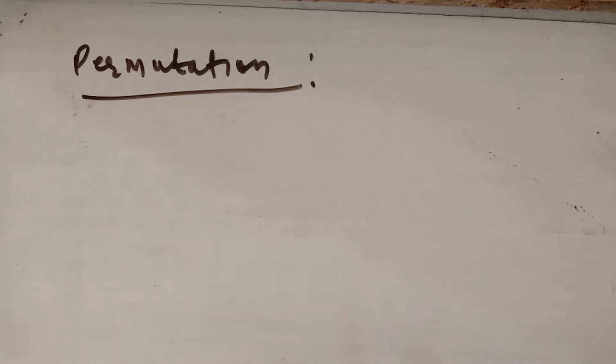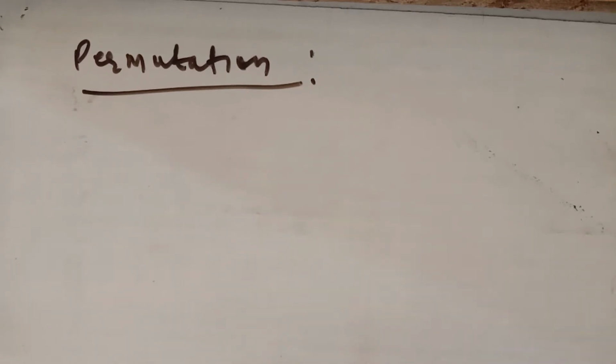I am repeating it again. Permutation is the arrangement without repetition in a definite order of a number of objects, taking some or all at a time.